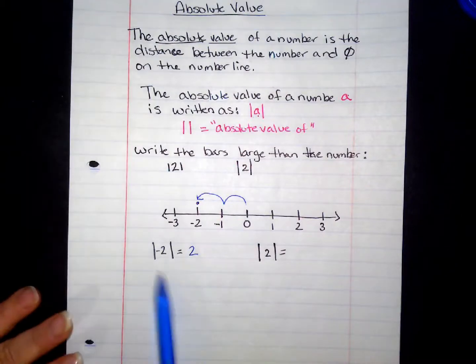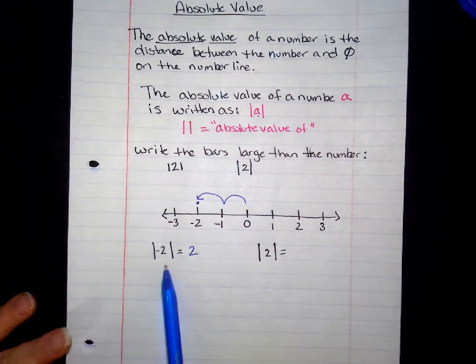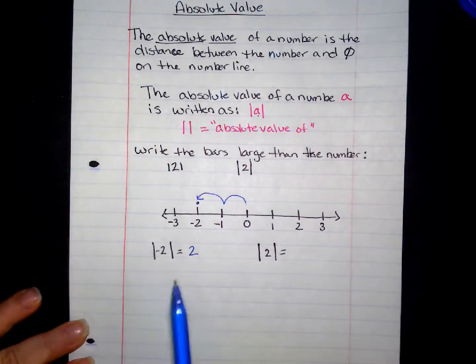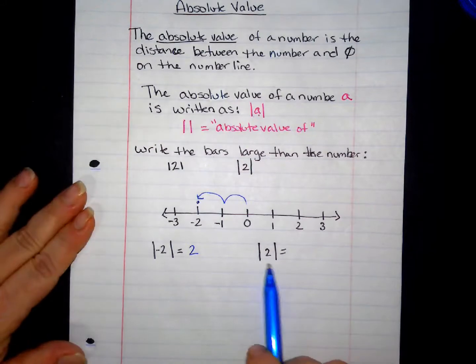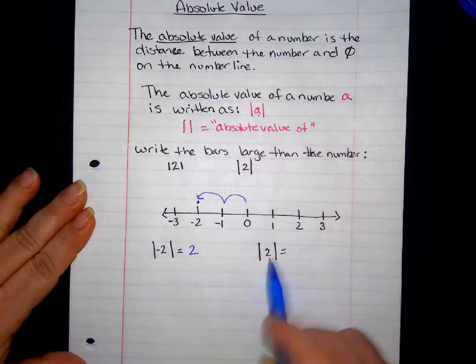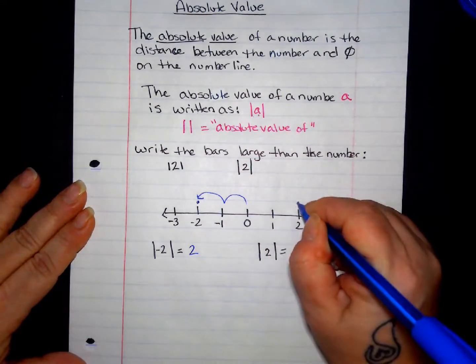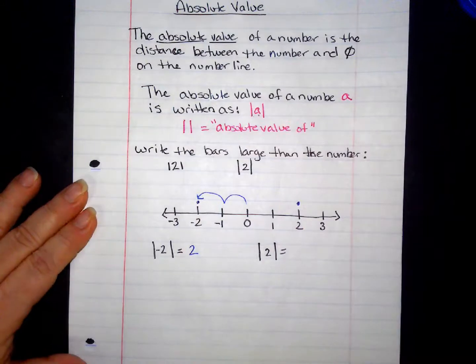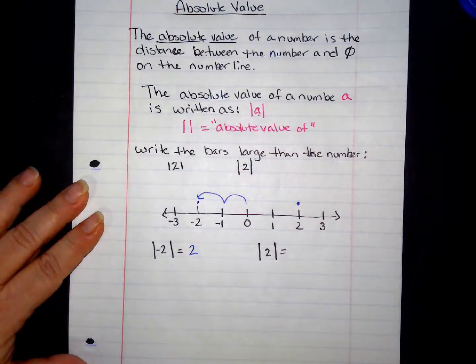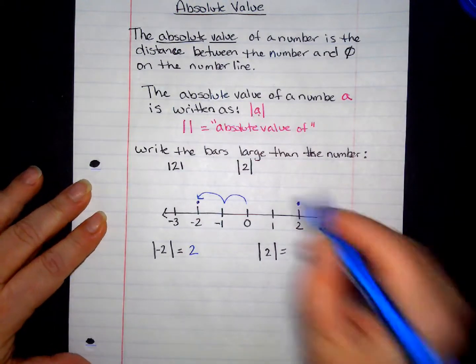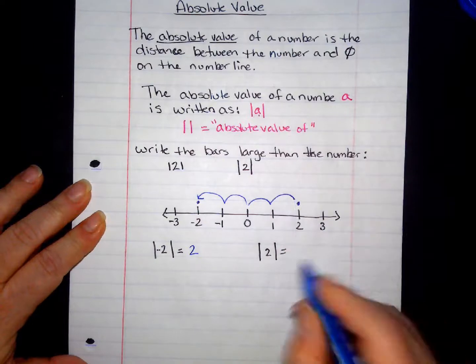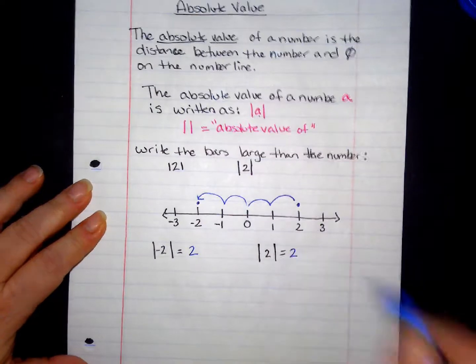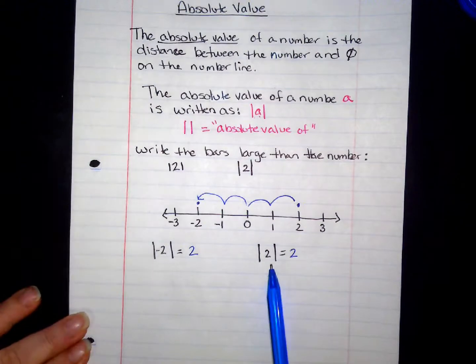The absolute value of negative 2 is 2. All right. Now I'm going to graph 2, the absolute value of 2. So graph 2. Here's 2. And now I'm going to count how many spaces it is from 0. 1, 2. So the absolute value of 2 is 2.